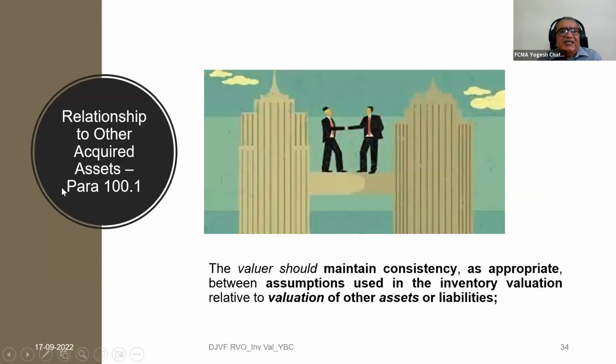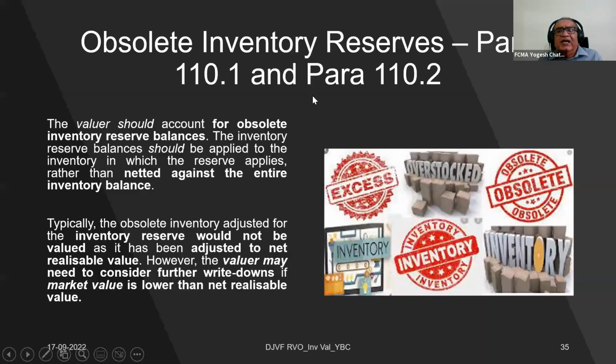And relationship with other acquired assets. The valuer should maintain consistency as appropriate between assumptions used in inventory valuation relative to valuation of other assets and liabilities. Obsolete inventory is also very important.